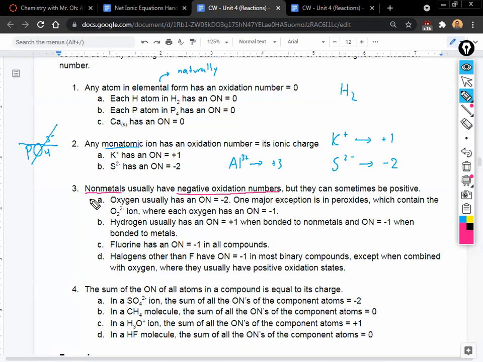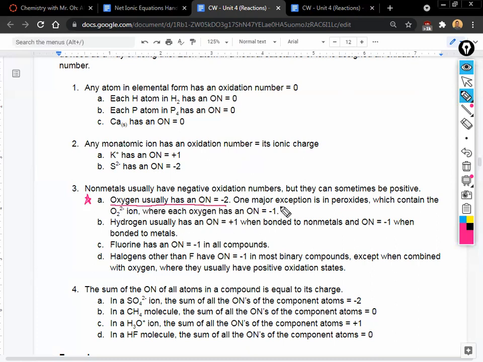One of the more important ones to remember is this one. Oxygen usually has an oxidation number of -2. Make sure you write that down somewhere, star it, whatever you need to. Oxygen usually has an oxidation number of -2. The major exception is peroxides.